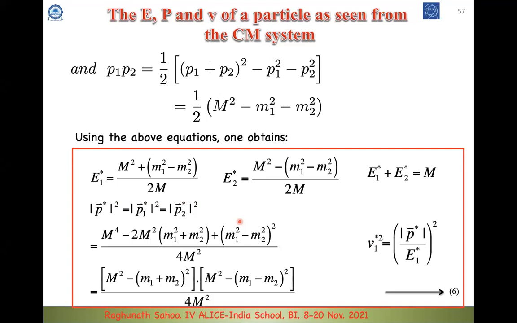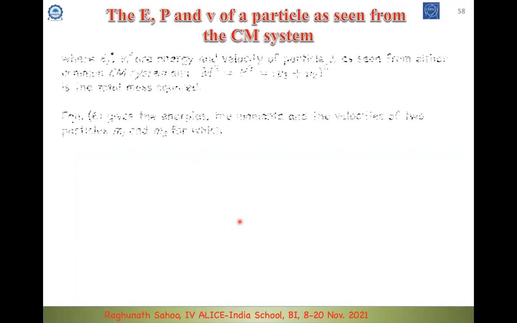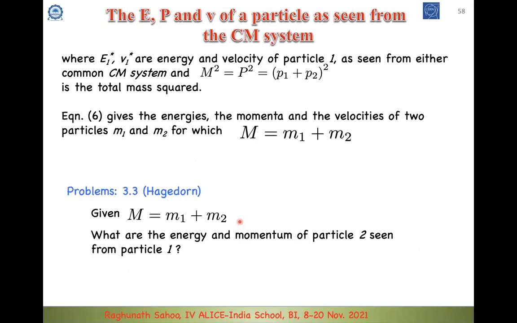I don't recommend remembering this if you know the trick of the game. In my next lecture tomorrow, when I calculate the threshold energy of a reaction, you will realize that if you follow the recipe completely, you don't need to worry about these big mathematical equations, stars and arrows and other things.